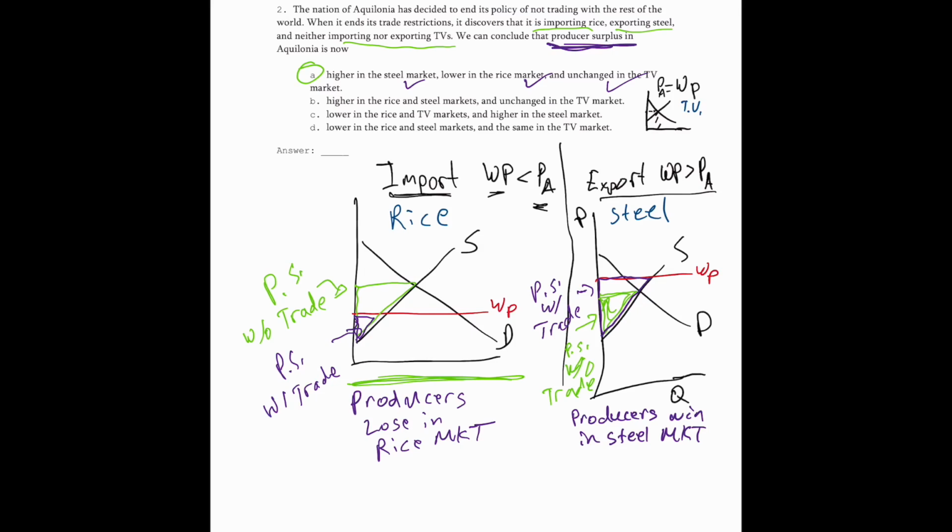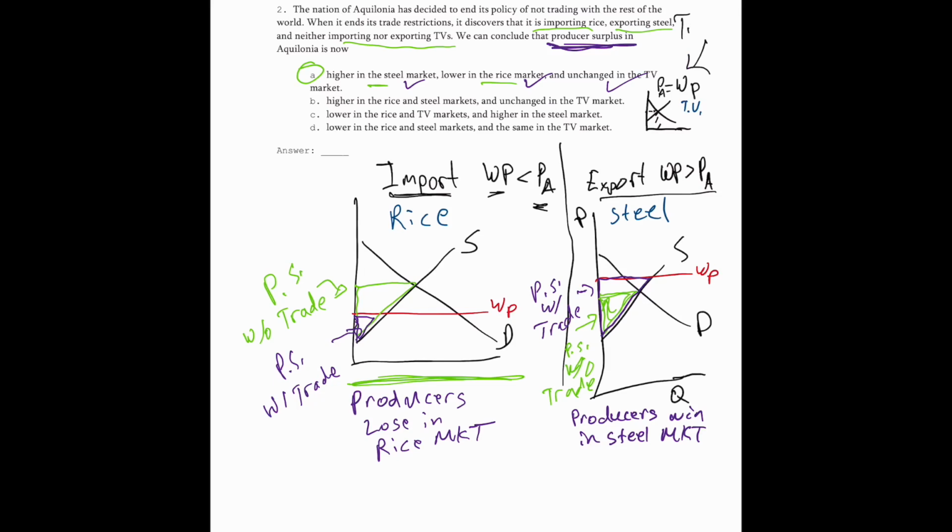We can see it's gone up in the steel market and gone down in the rice market. So looking at our solutions, A, it's higher in the steel market, lower in the rice market, perfect. The last thing we have to consider is what happens in the TV market.